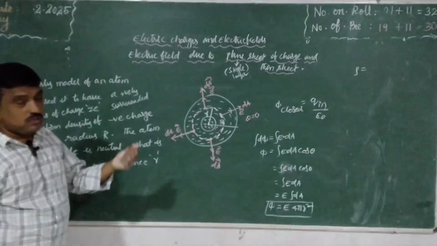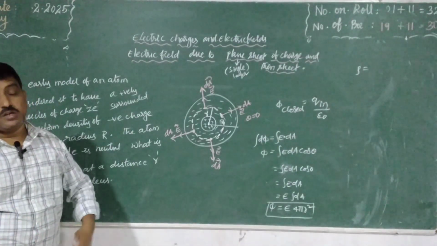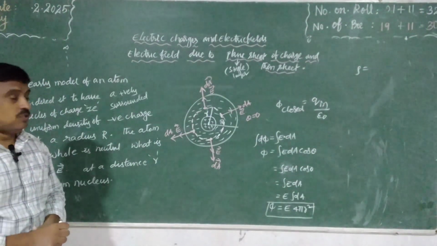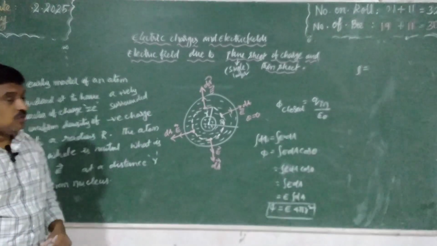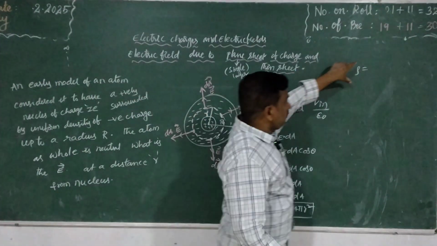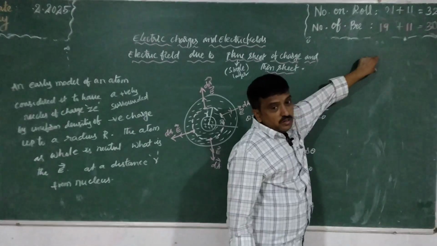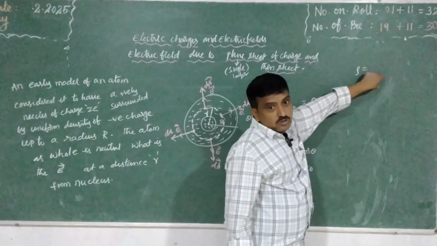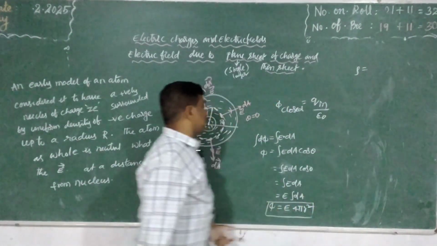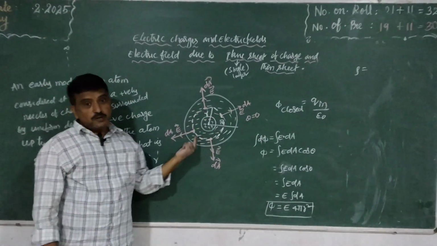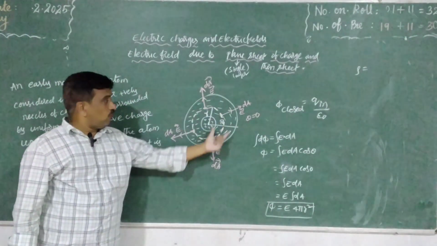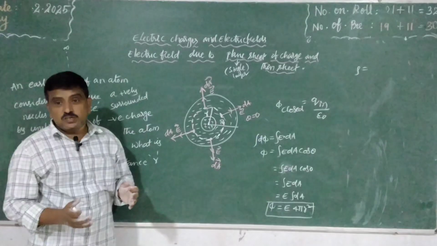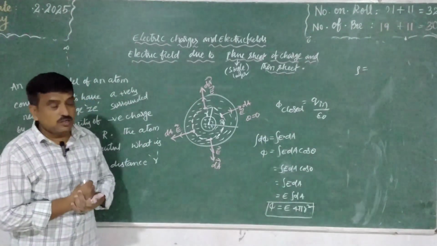So rho means volume charge density: rho equal to charge by volume. What is the total volume here? 4/3 π R³.